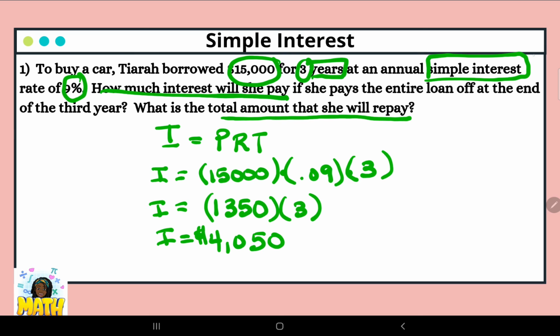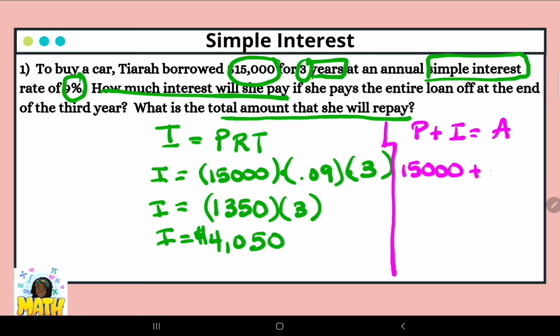Now to answer the second part of the question, we must now combine the principal plus the interest to get the total amount. And we'll just use A to represent the total amount. So here the principal was 15,000.